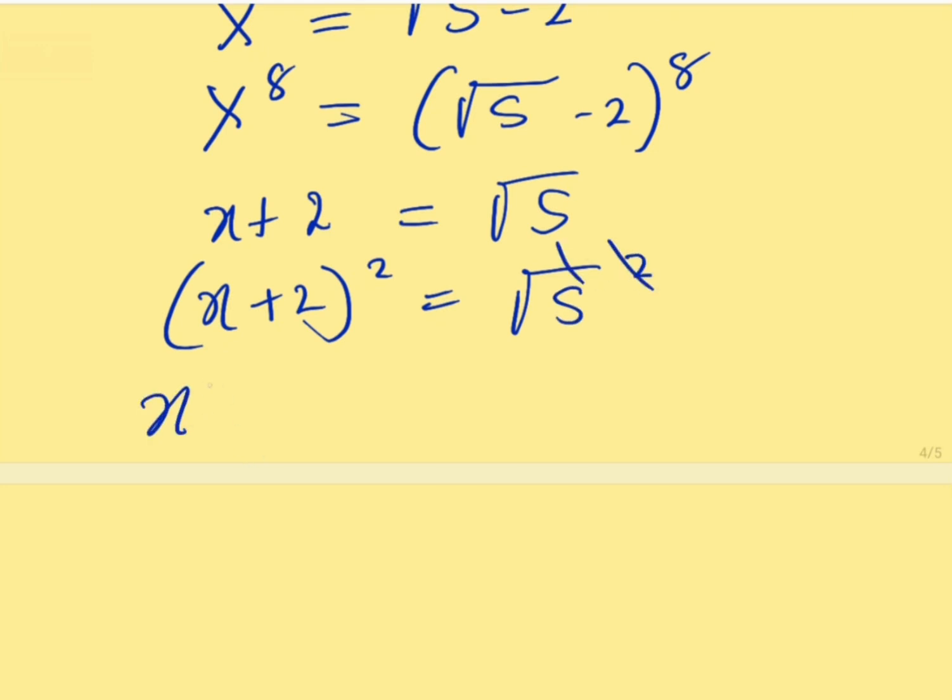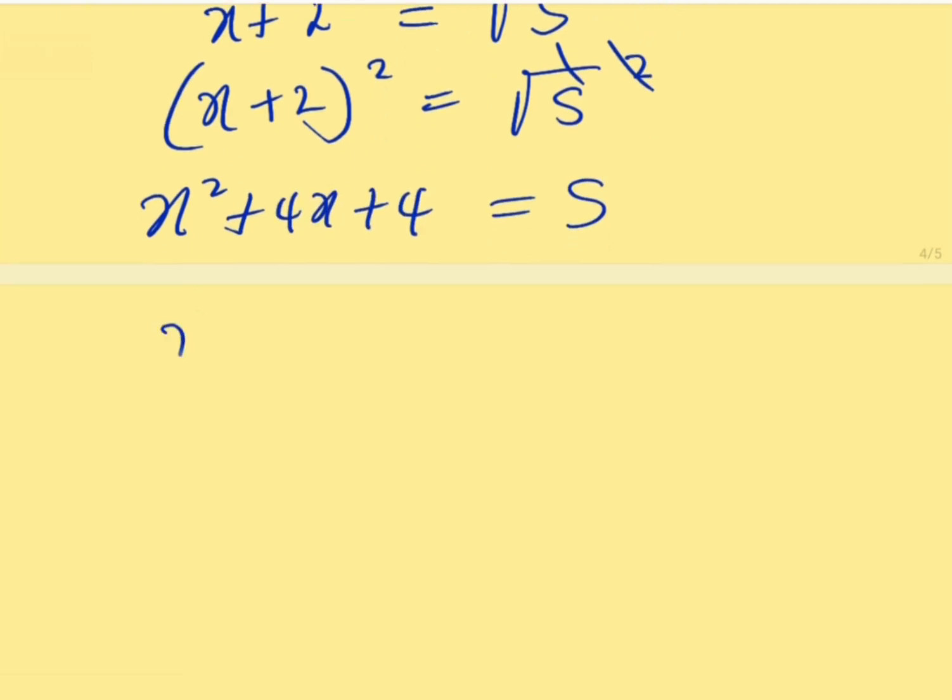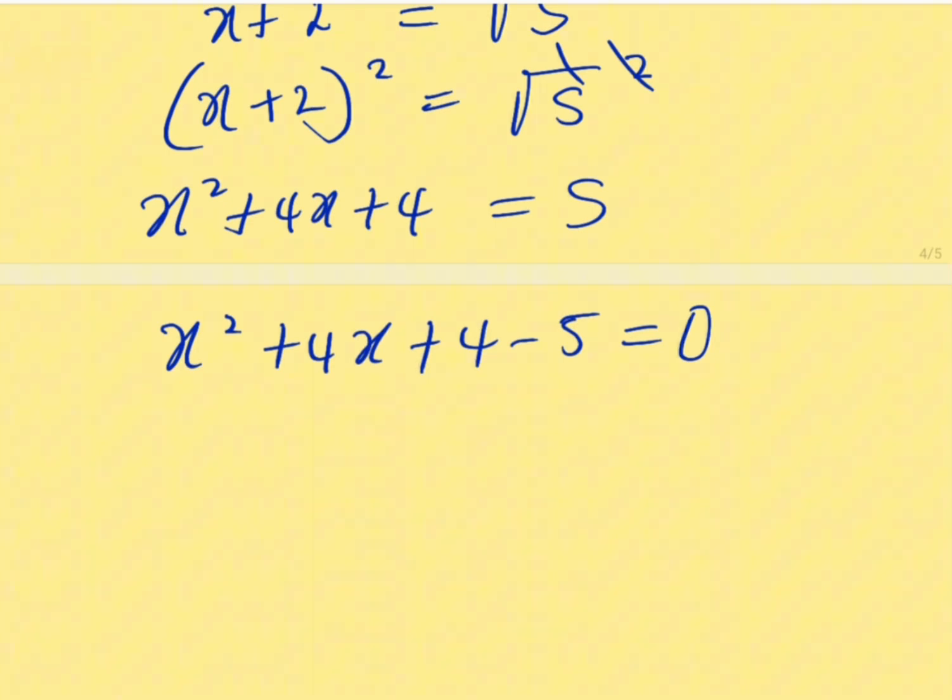This will give us x squared plus 4x plus 4 equal to 5. So we are having x squared plus 4x plus 4 minus 5, everything is equal to 0. So this is now x squared plus 4x minus 1, which is the same thing as 0, isn't it?